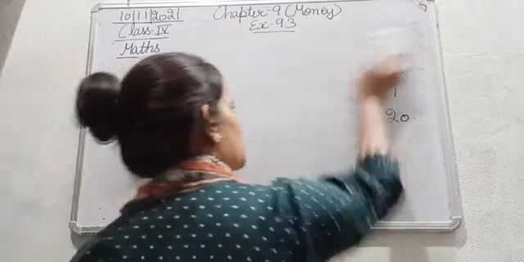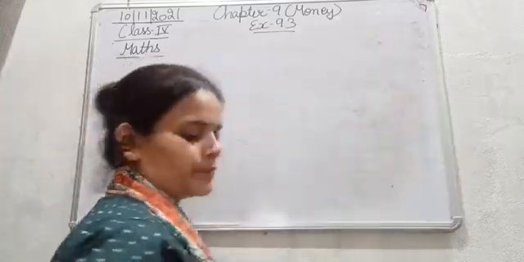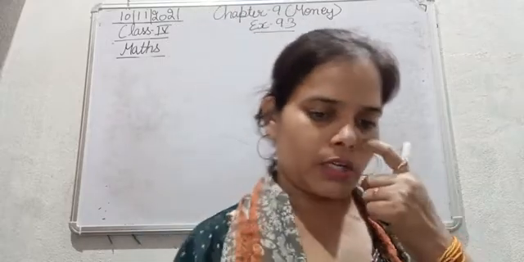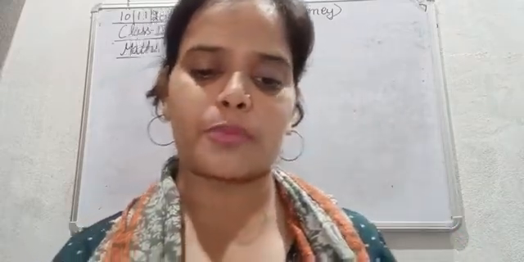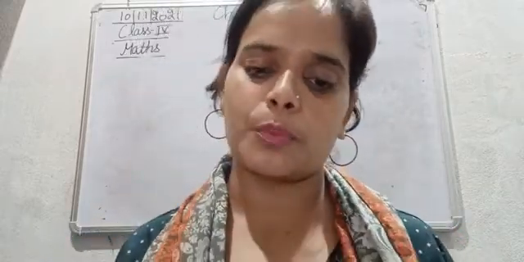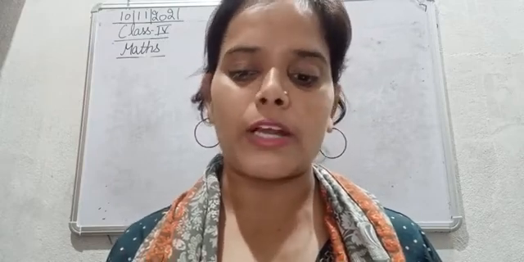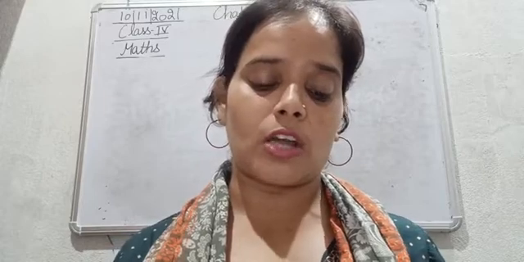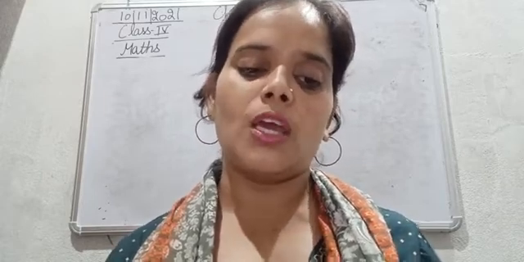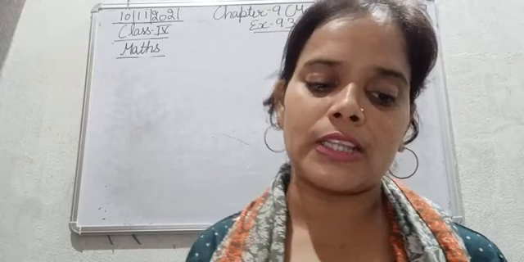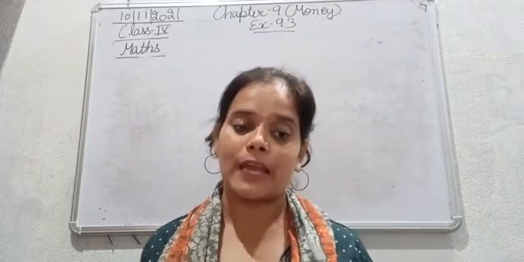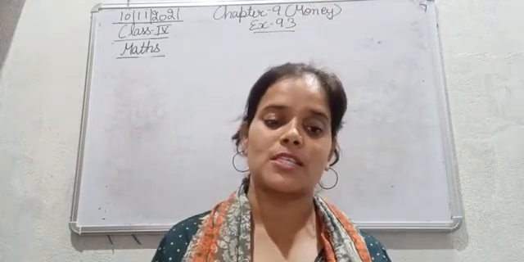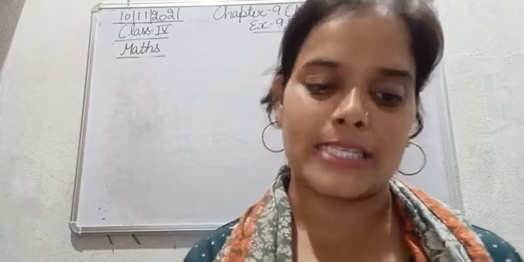Question number 14 is: Ranjit bought 3 mathematics books for 336 rupees and 60 paisa, and Kannu bought the same type of 5 books. How much money does Kannu have to pay to the bookseller? So Ranjit bought 3 mathematics books and their cost is 336 rupees and 60 paisa.